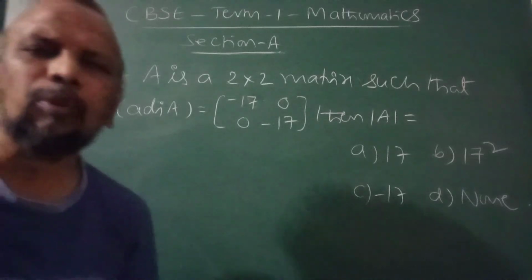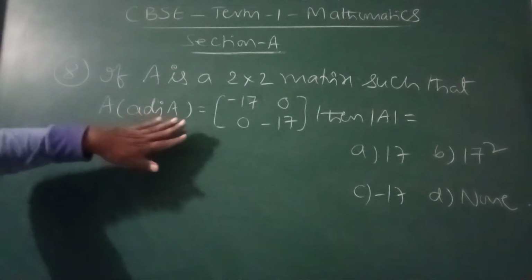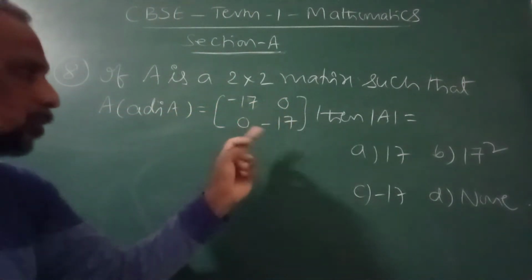Now a simple problem. They have given A into adjoint A equal to the matrix minus 17, 0, 0, minus 17.